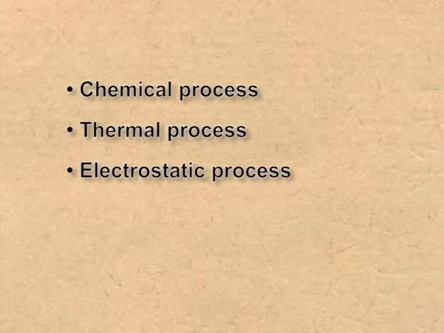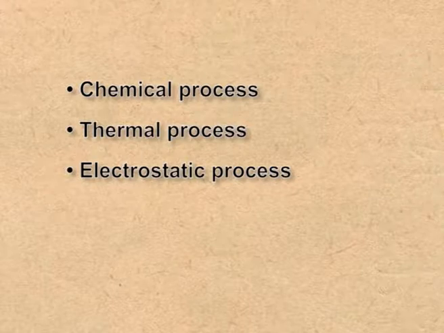The techniques involved in the photocopying of documents comprise 3 processes: the chemical process, the thermal process and the electrostatic process. So, let us discuss them in brief one by one.